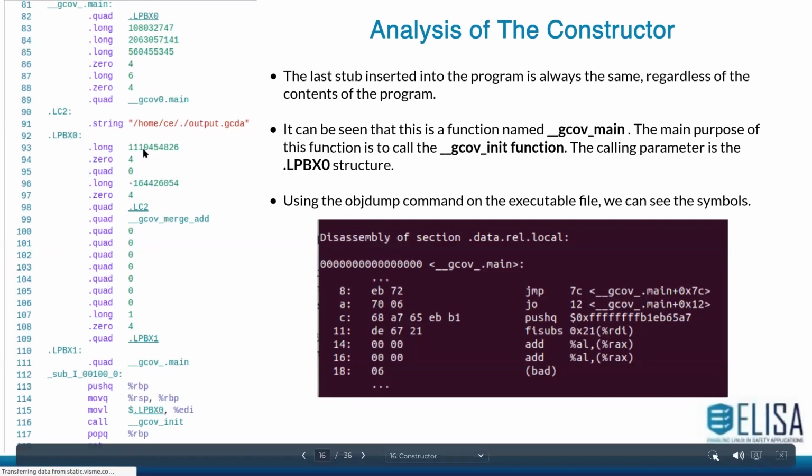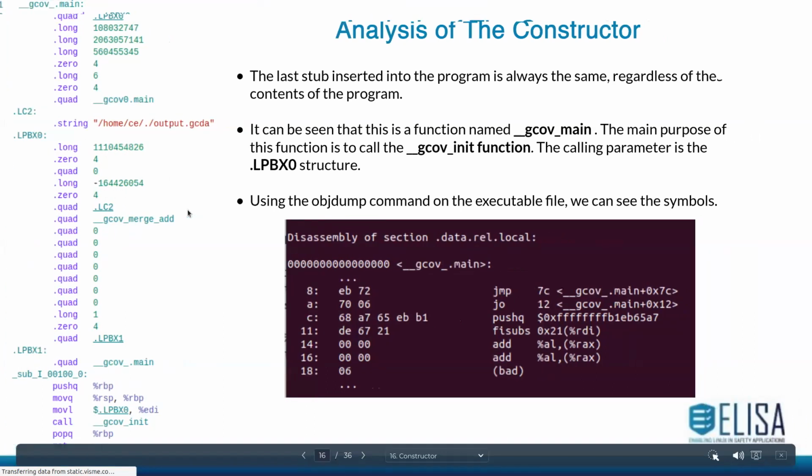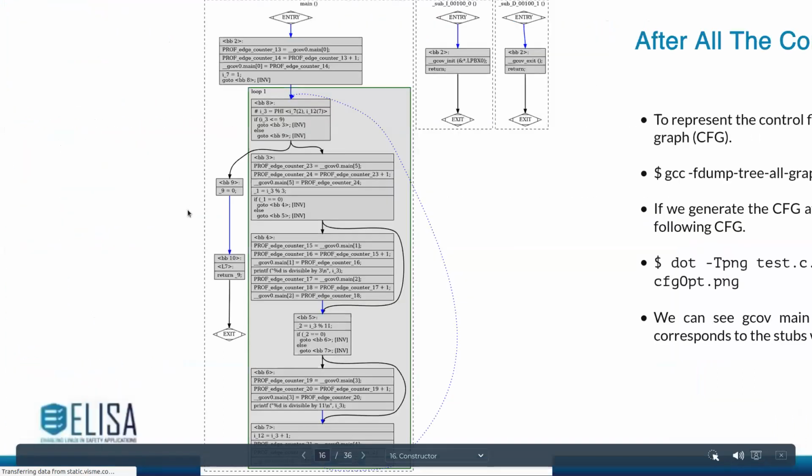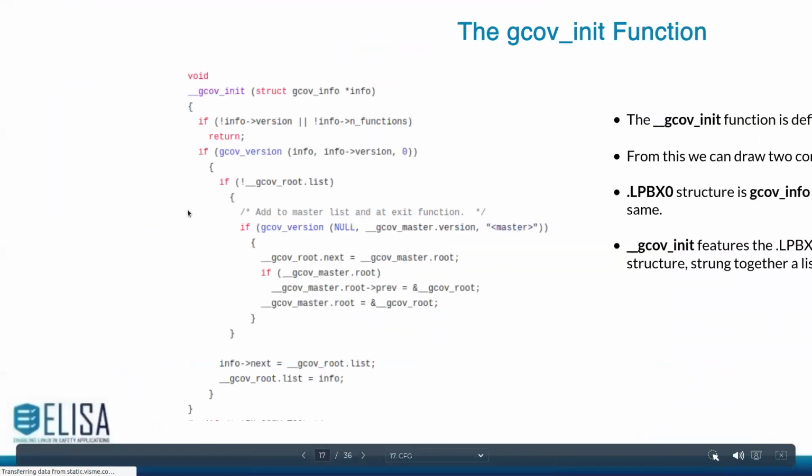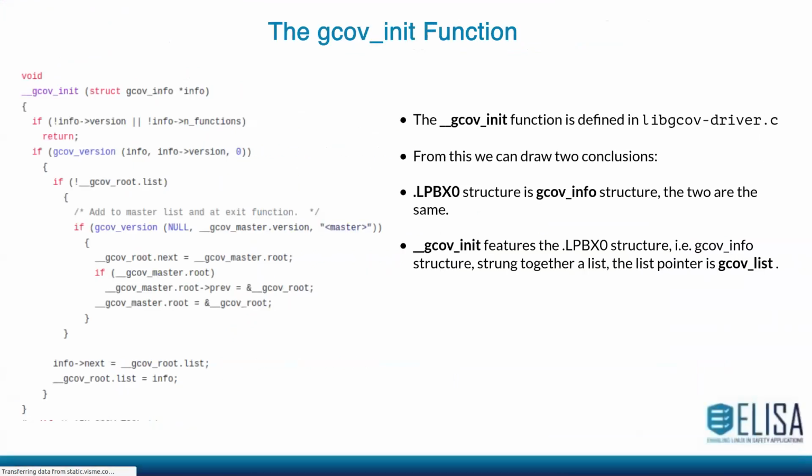You can see a .long here, then .zero, and another .long, and then .LC2. So what do all these stand for? For this, we need to take a look at the source code, which is inside GCC.